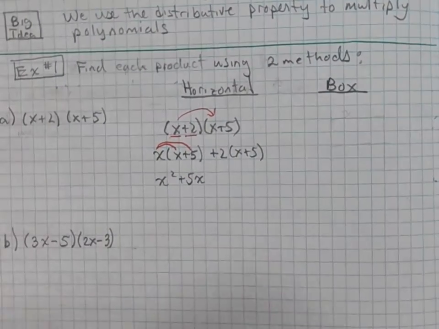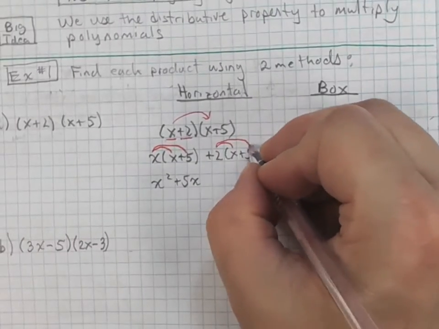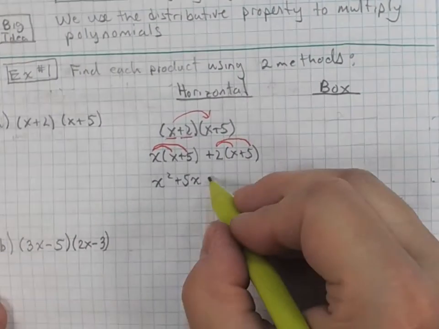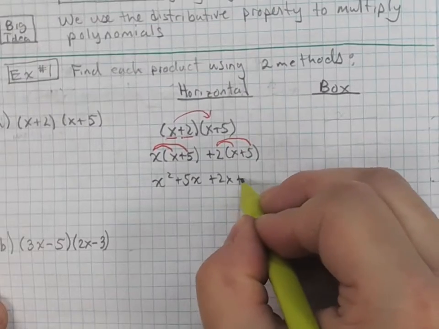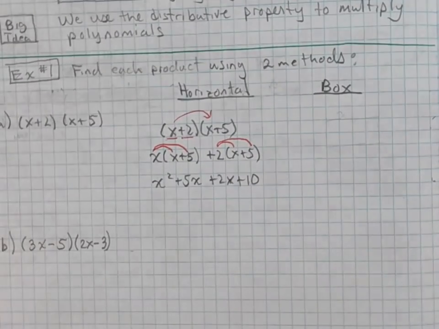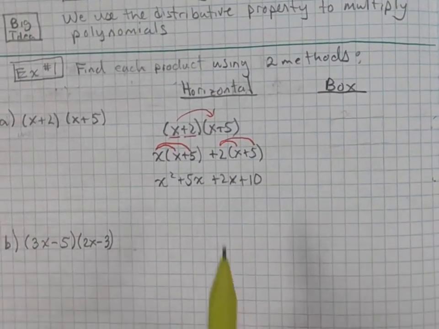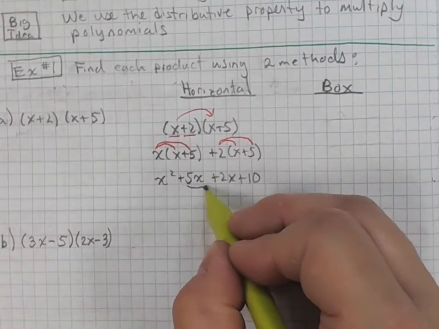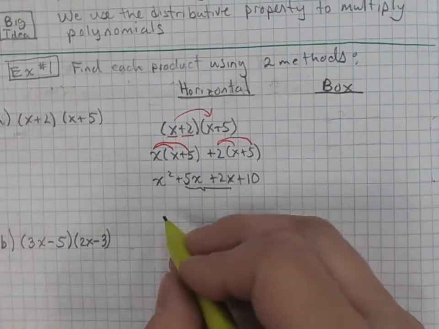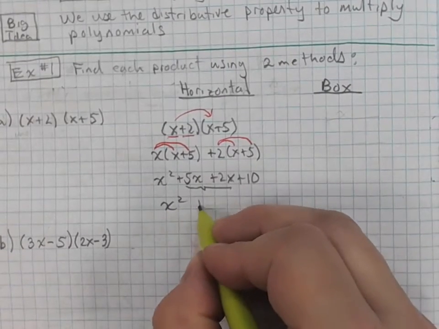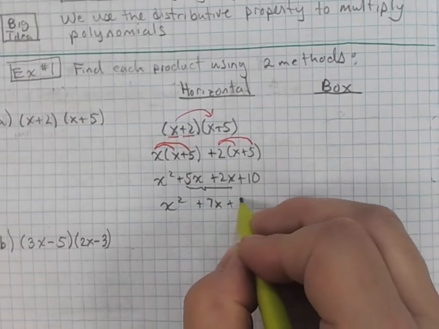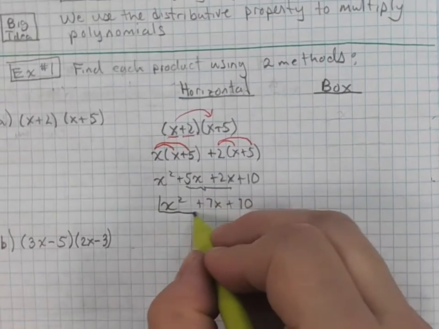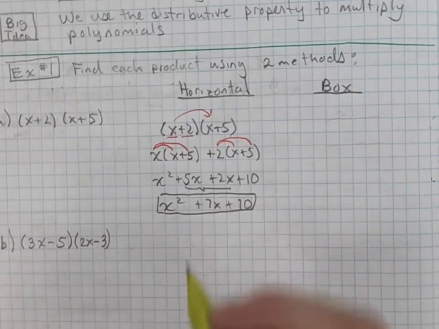And then finally the last grouping, 2 times x and 2 times 5 to get 2x plus 10. And then all that remains is that I combine like terms, so these right here, to get my final polynomial, which is x squared plus 7x plus 10. And this is the product.